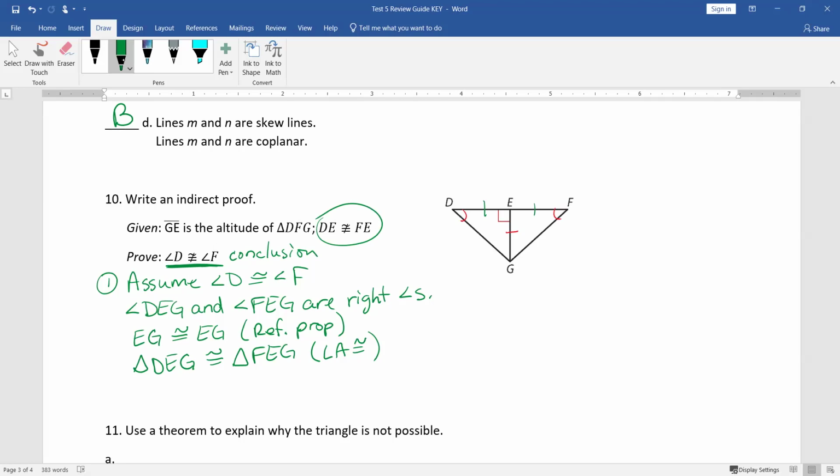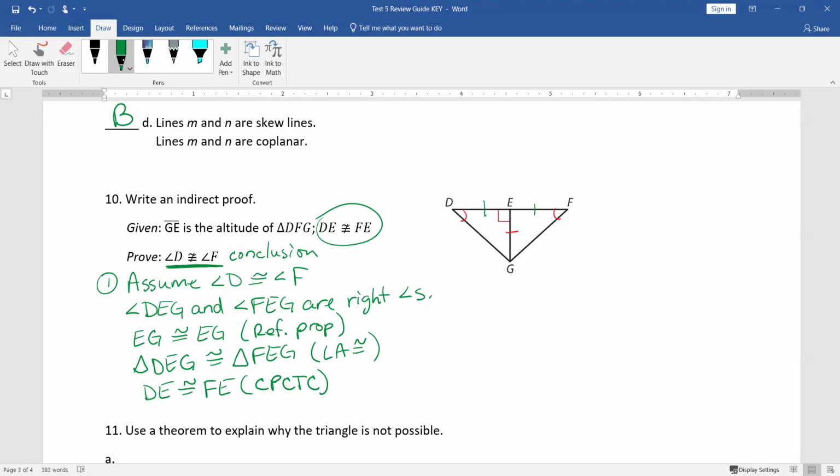So because I've proved the triangles are congruent, I can say that DE is congruent to FE because corresponding parts of congruent triangles are congruent.